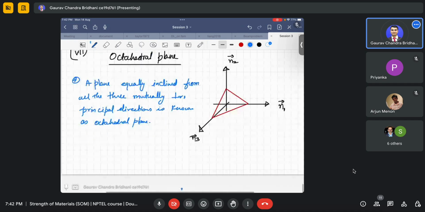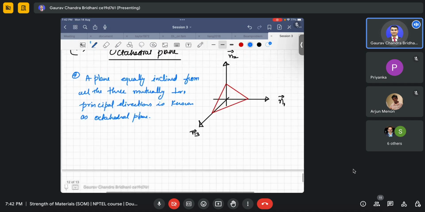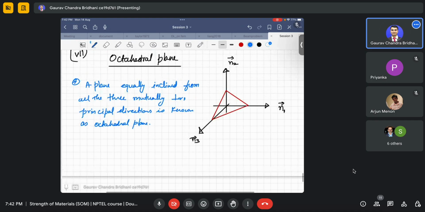If you see this plane here represented by this red color, the normal to this plane will be the n octahedral, we call it n octahedral.